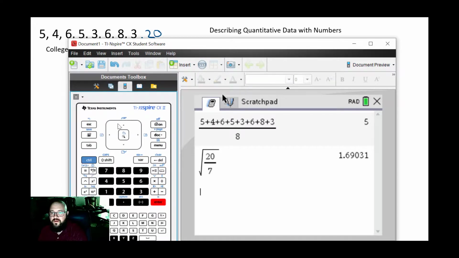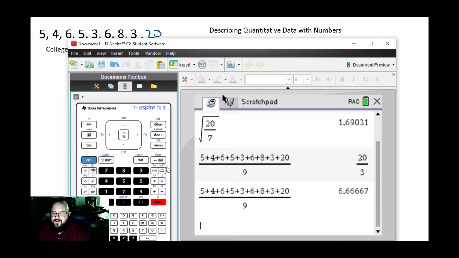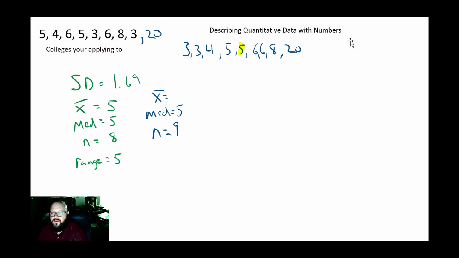Let's add 20, and instead of 8, we'll make that a 9. And so now our mean jumps up to 6.67.